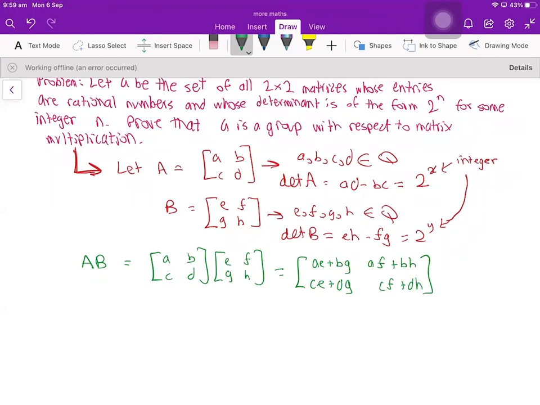Now an important note is we want to prove all the entries of the matrix AB are rational. This is true because whenever you add or multiply rational numbers together, the result is always rational.